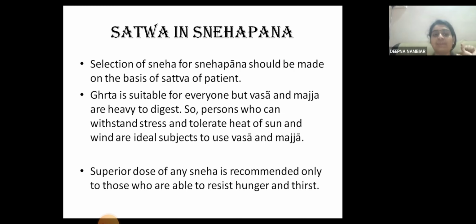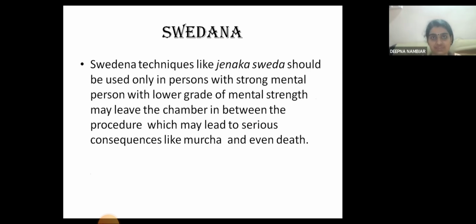But Vasa and Majja are heavy to digest, so only a tolerant, withstanding person can have this type of sneha for Snehapana. So the selection of sneha is important. And in the superior dosage of Snehapana, the difficulty the patient faces during Sneha Jiryamana and Sneha Jirna lakshana has to be faced by the patient alone. So Sattva, the mental strength, is necessary to cooperate with the treatment.